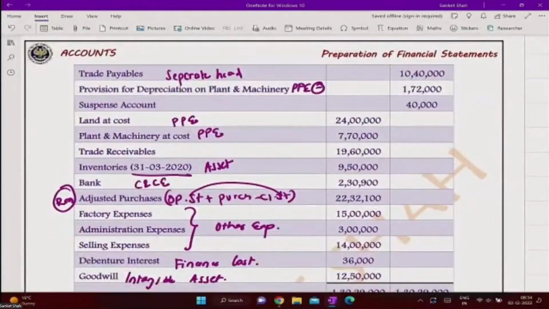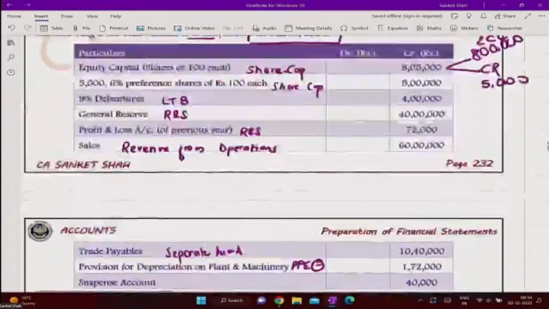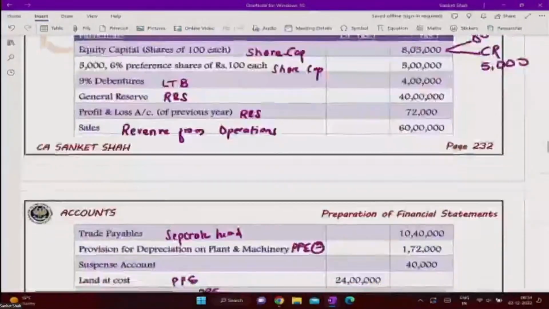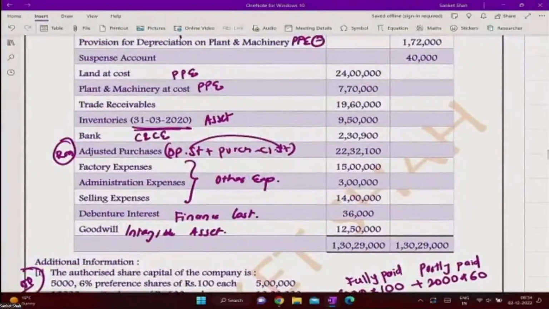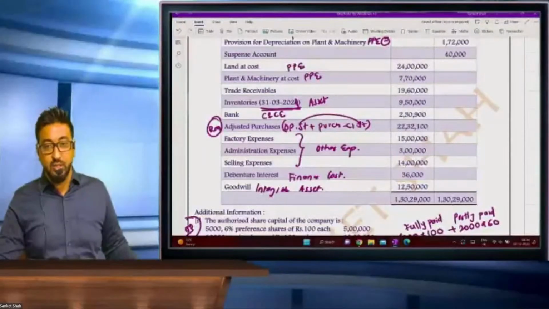बेटा ये बैलेंस शीट में है. No beta, it's wrong in the question. It is closing. अरे बाप रे, ICAI ने गलती कर दिया फिर इसमें. ओ रॉन्ग क्वेश्चन ड्राफ्टेड बेटा. 31st March 21 होना चाहिए क्लोजिंग बैलेंस शीट.